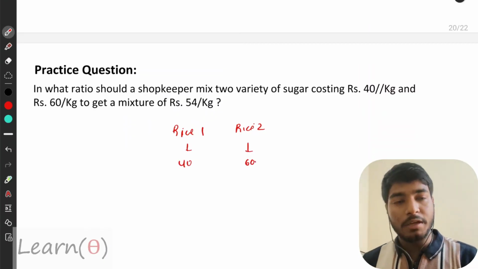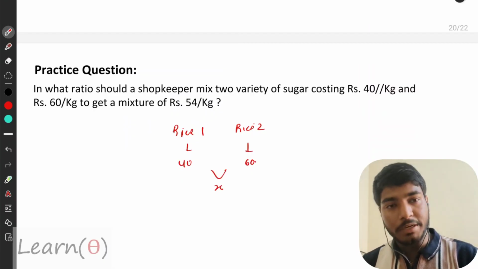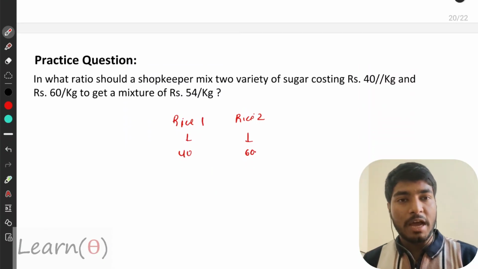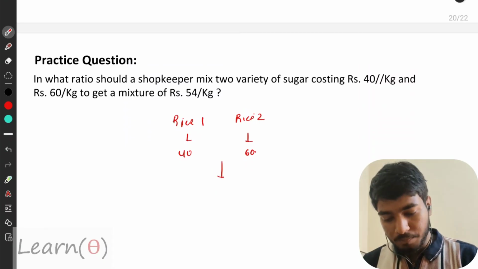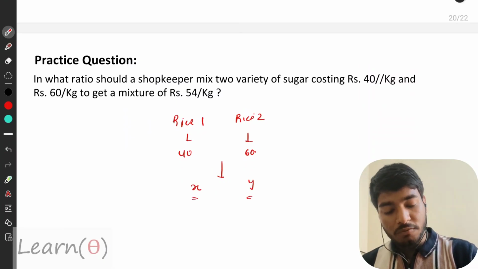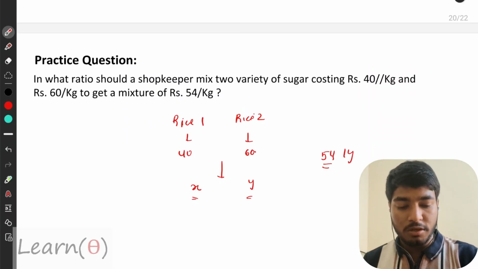I have taken them in some ratio. Let us say I have taken a quantity x of this and a quantity y of this. When I have added them, I get a value of 54 rupees per kg.